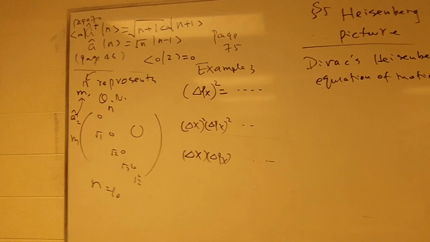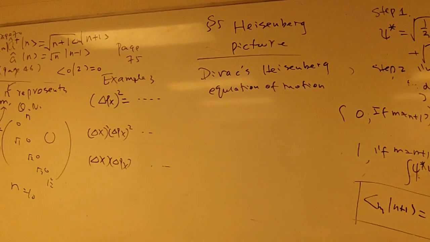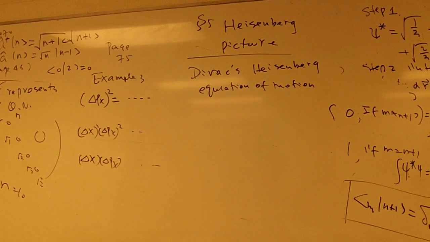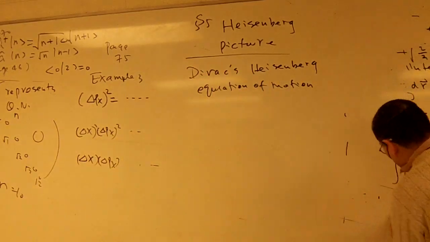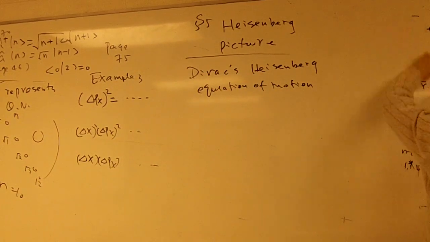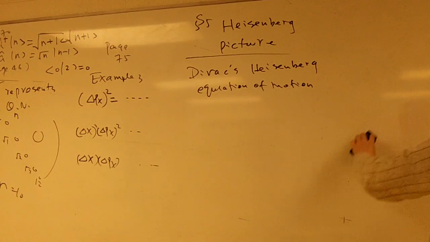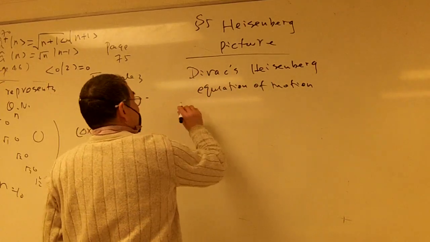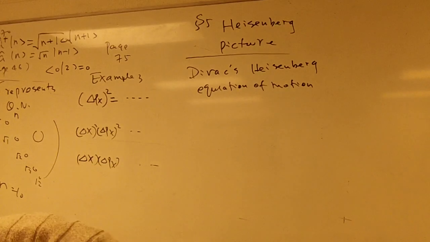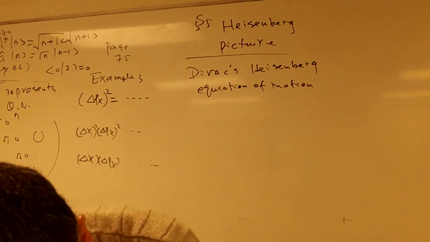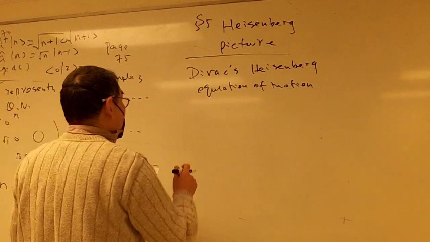Dirac was so modest that he used Heisenberg's name to identify these equations, but it was derived by Dirac. He was an extremely modest person, and made a really important contribution to physics. We won't be able to cover all of it, but I want to show you a big picture on this before we move on to the quiz part.